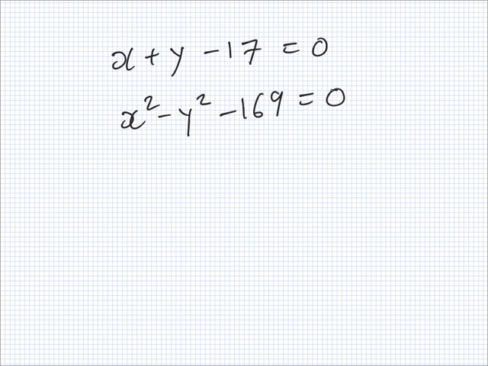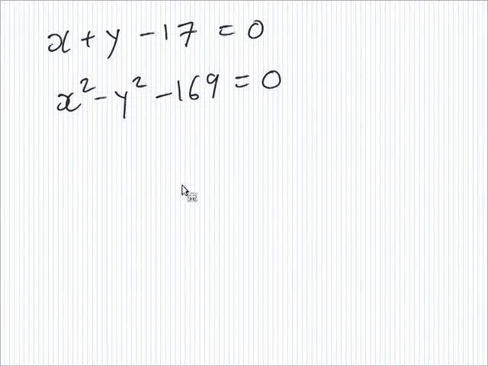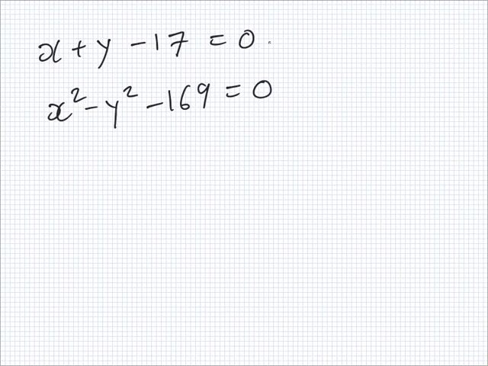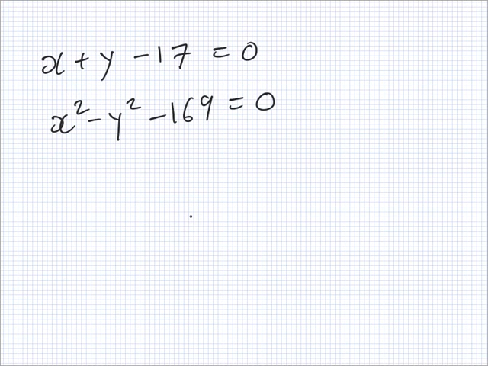Okay, good. Shall we have a look at it? Now, tell me what to do first. What am I trying to find? I'm trying to get the y by itself.